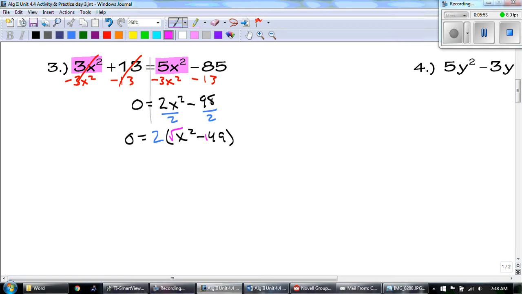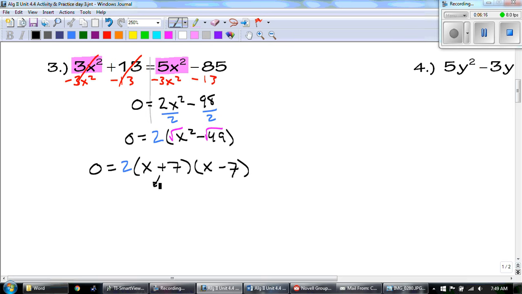So we would take the square root of both. We got 0 equals, the 2 is still there. The square root of x squared is x. The square root of 49 is 7. And then 1's a plus and 1's a minus. Okay?